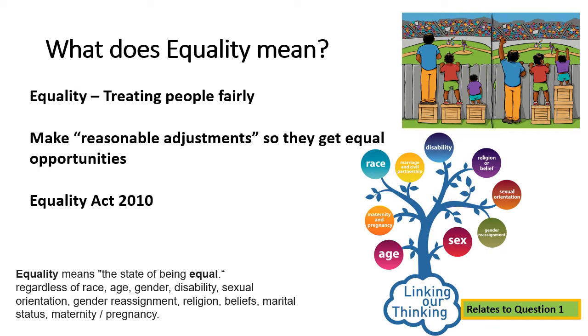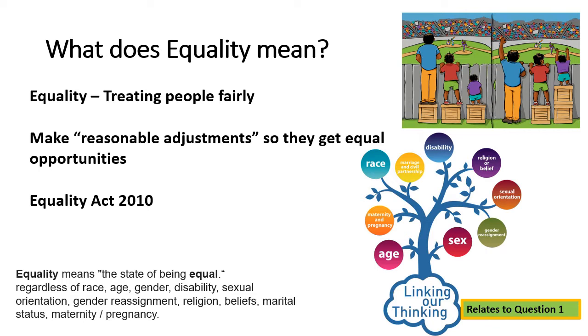We've talked over the last few weeks about person-centred care and looking at individual needs, and treating people for their individual needs. And equality is just that. It's about making reasonable adjustments so they get equal opportunities. It's about giving everybody the equal opportunity, letting everybody participate, treating everybody fairly depending on their individual needs.